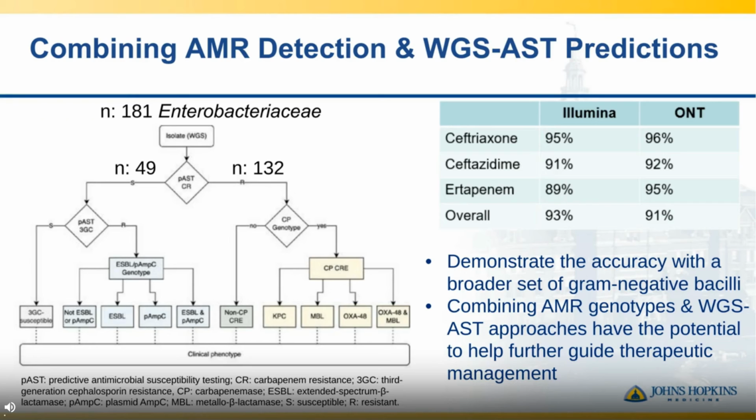And so here in this study, we were able to demonstrate the accuracy of the Aris Genetics pipeline for prediction using both Illumina and nanopore sequencing with a broader set of gram-negative bacilli, but also this overall accuracy of 93% versus 91%. By combining these two approaches, which will have the potential to further help guide therapeutic management of patients.